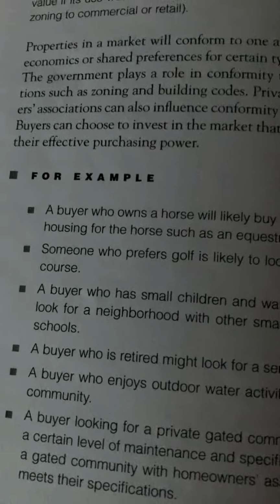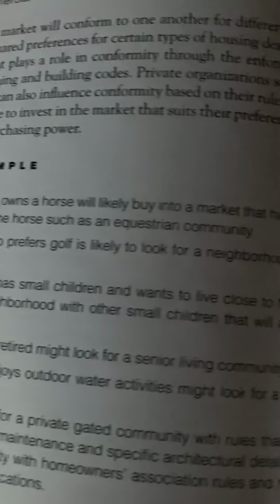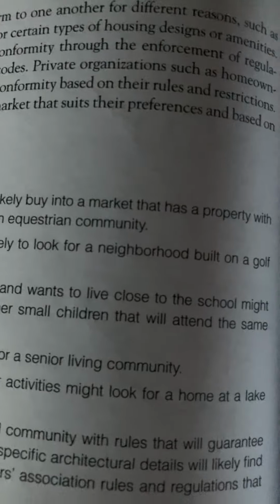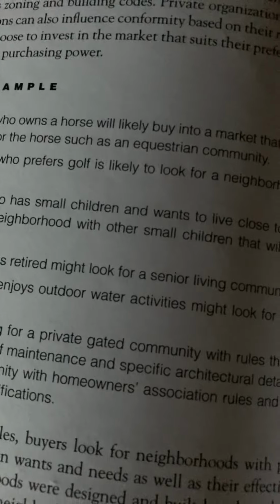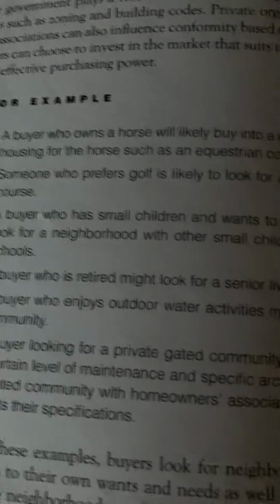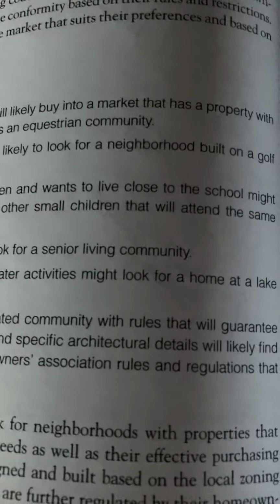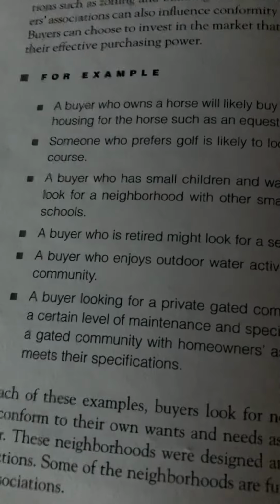For example, a buyer who owns a horse will likely buy into a market that has a property with housing for the horse, such as an equestrian community. Someone who prefers golf is likely to look for a neighborhood built on a golf course.